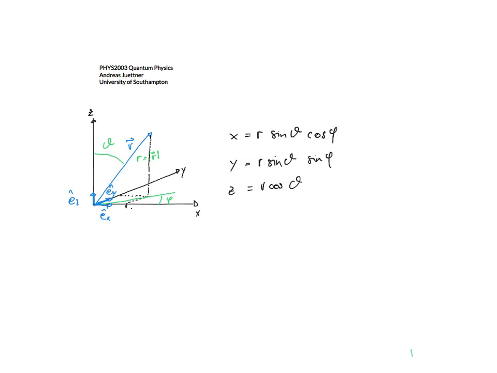With these unit vectors I can rewrite the vector r as r times sine theta cos phi times ex plus r times sine theta sine phi ey plus r times cosine theta ez.